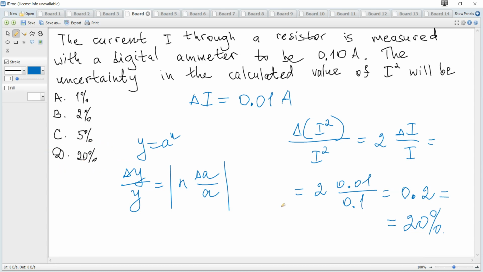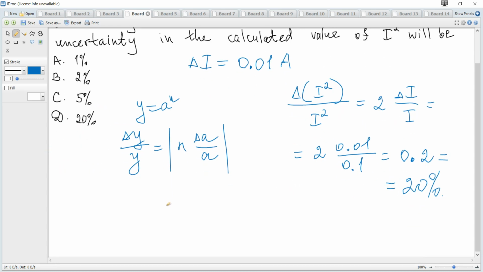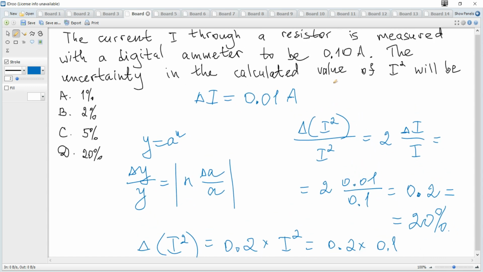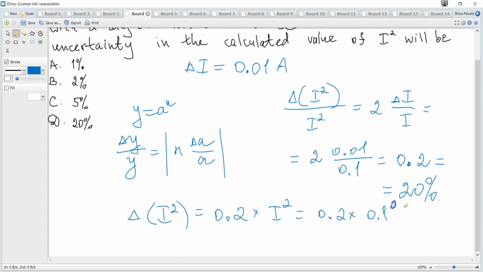And if the question is to find the absolute uncertainty, we can see directly from this formula that the absolute uncertainty in I squared is 0.2 multiplied by I squared, which is 0.2 multiplied by 0.1 squared, and you just calculate it.